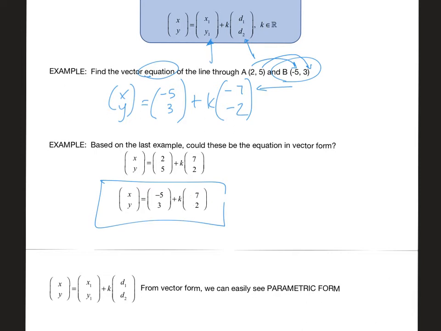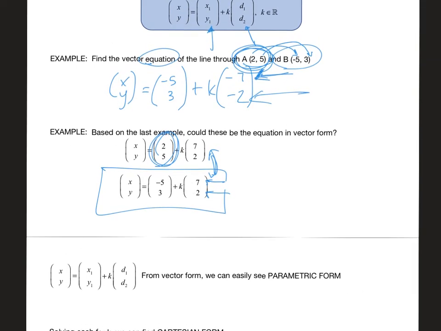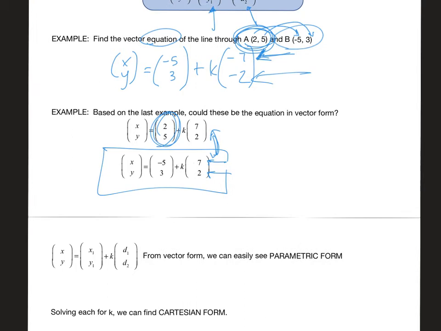Going right 7 and up 2 is the same thing as going left 7 and down 2. The only difference between these two is a different starting point, but that's okay. You just need a starting point and a direction. So you've now learned vector form.